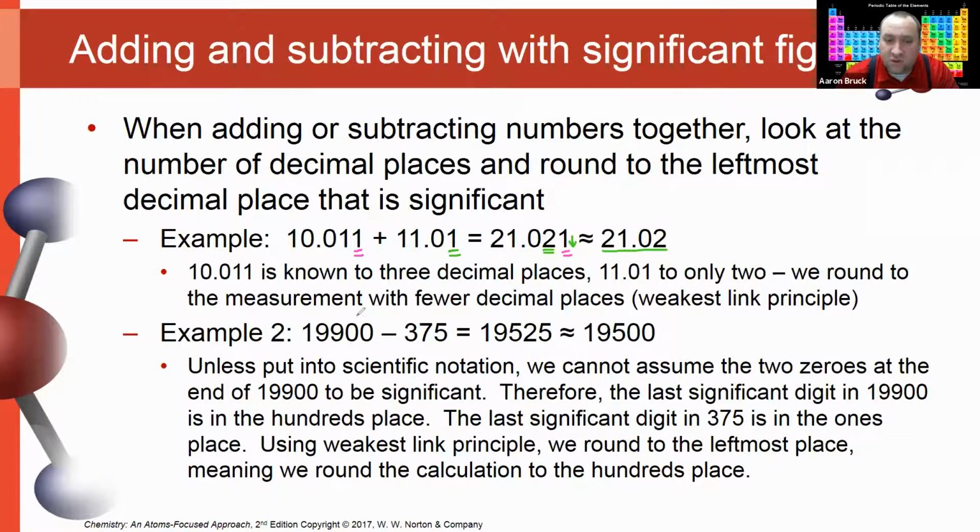Since these two zeros are ambiguous, we have to make the safest assumption, and that safest assumption is that they are non-significant, which means that the last significant digit was that 9 in the 100s place, as opposed to this 5 in the ones place. Our weakest link principle says we need to round to the leftmost uncertain place. That 2 means we're going to round down. So that's where we get 19,500.